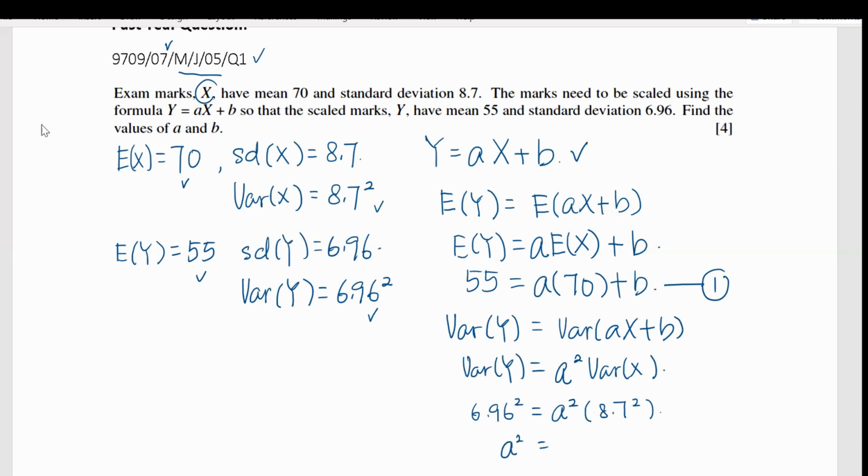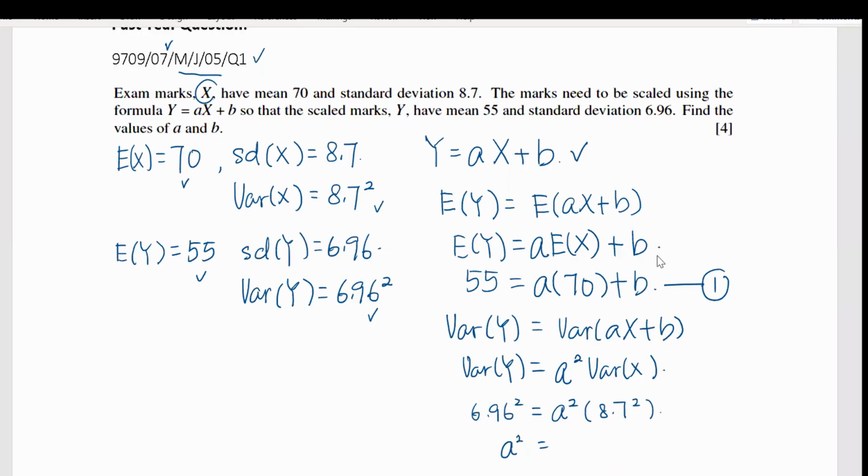So we just solve the equation. After we calculate, we get the value to be 0.64. Hence, the value of a, we square root it, 0.8. Since the value of a is found, using the first equation I labeled just now, we can find out the value of b.